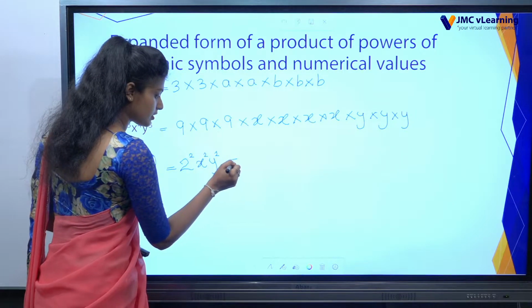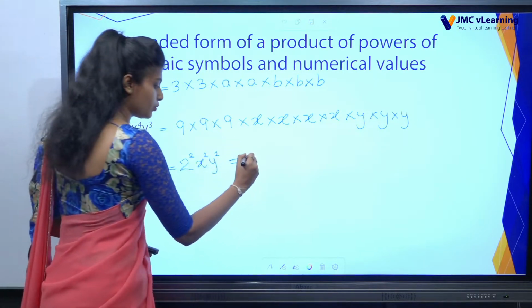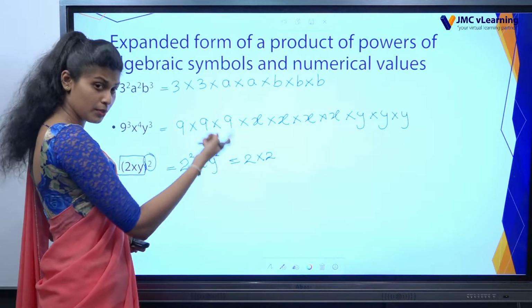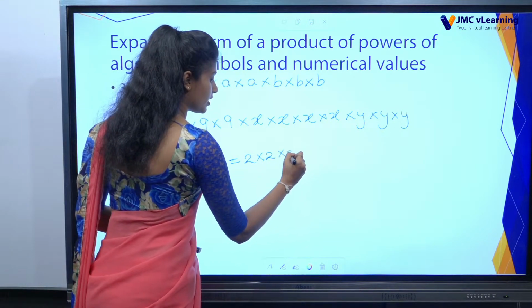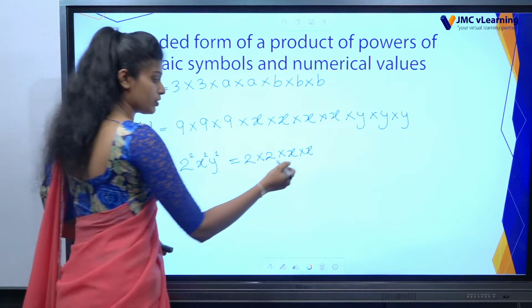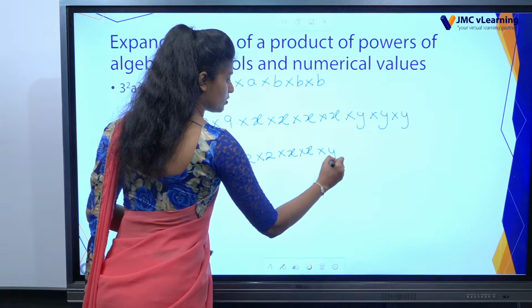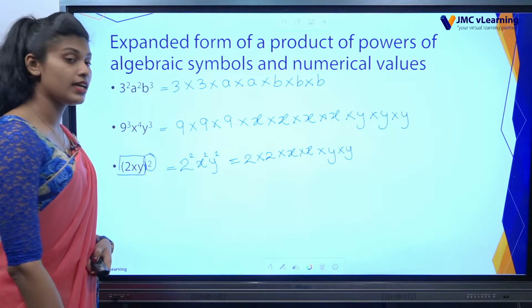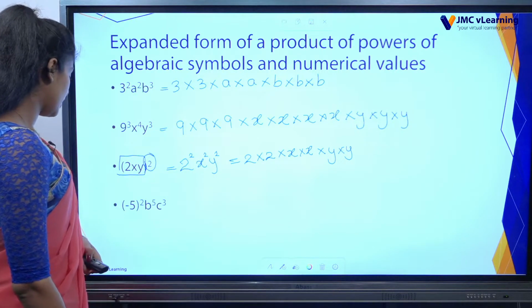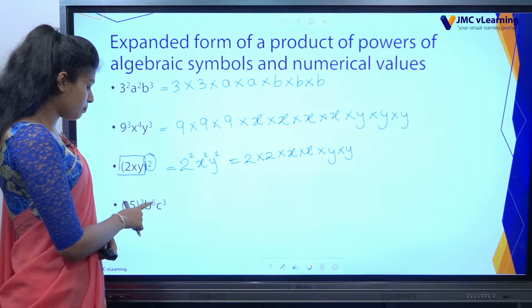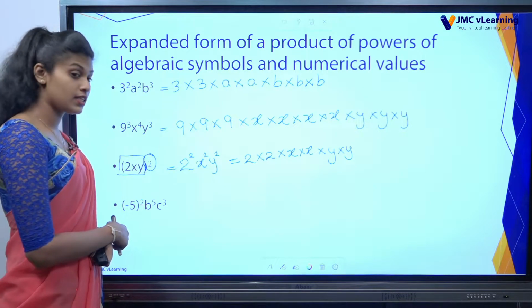Let's expand this: 2 to the power 2, 2 you have to multiply 2 times. Then x to the power 2, x also multiply 2 times. Then y to the power 2, y also multiply 2 times. That's the expanded form.